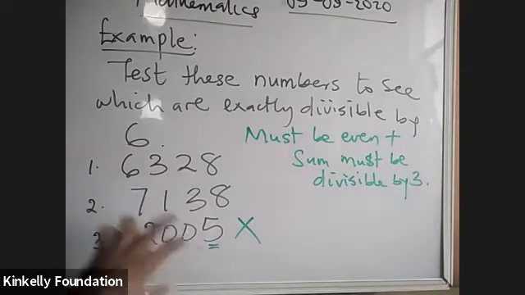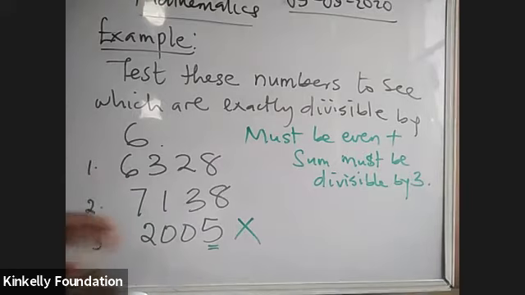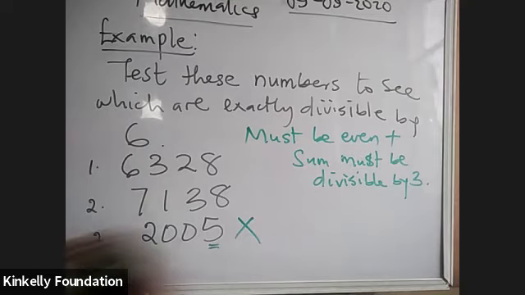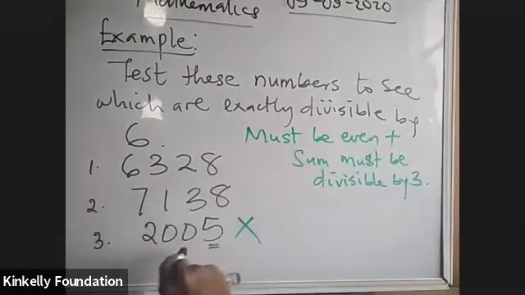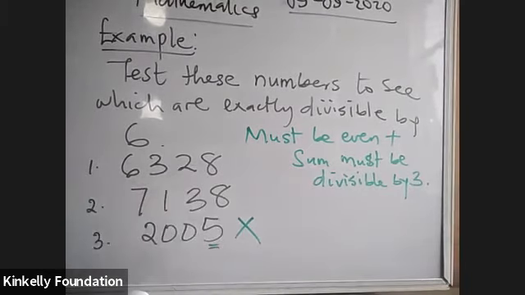So let us check which of these numbers will fall into this category. If any rule fails, this number cannot be divided by 6. Since this one has failed the first rule, that it must be even, it is not part of it. So let us check 6328.